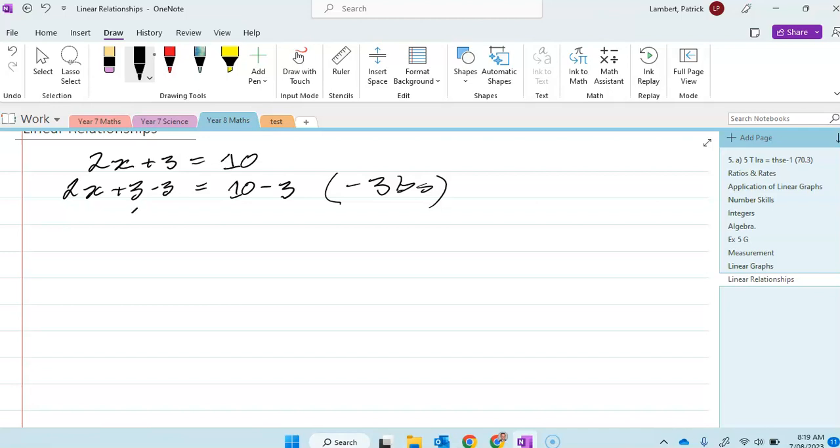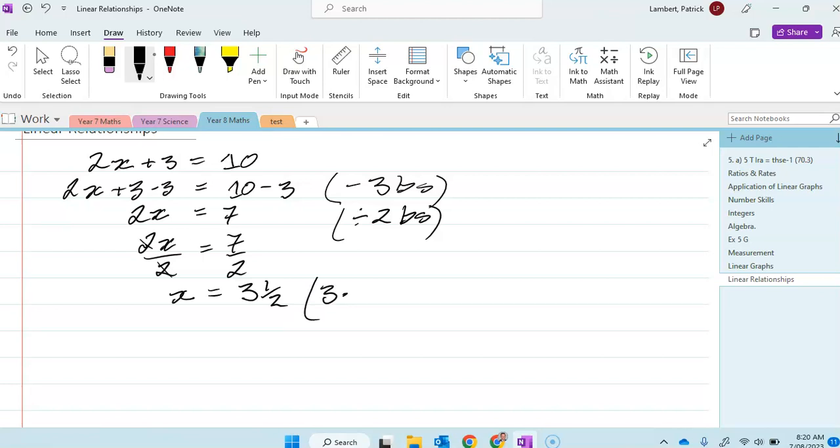So we've got 2x, we don't write plus 0, so we've got 2x equals 7. So we're going to divide 2 both sides. So we've got 2x divided by 2 and 7 divided by 2. So x is going to equal 3.5.